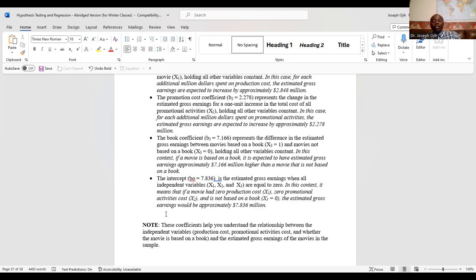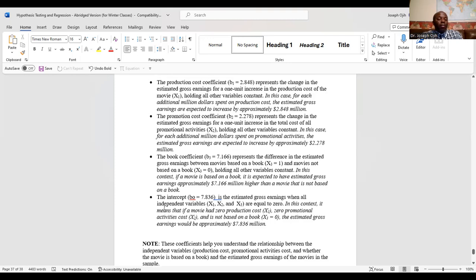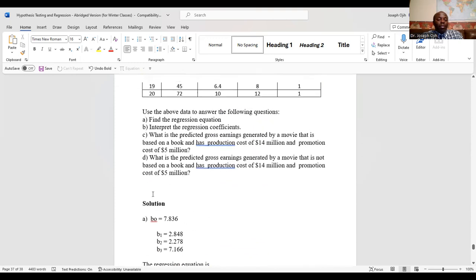So B0 of 7.836 implies that if a movie has 0 production cost, 0 promotional cost, and is not based on a book, then the estimated gross earning will be approximately 7.836 million. Okay. So we answer part B.